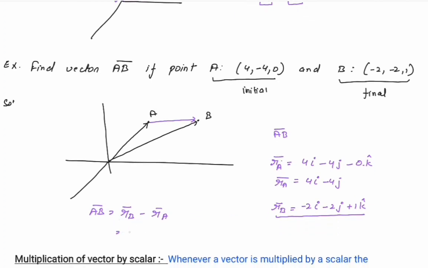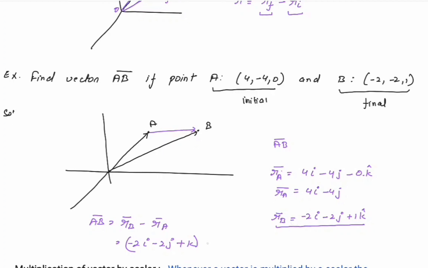What is the position vector of B? Minus 2i cap minus 2j plus k, minus 4i minus 4j.